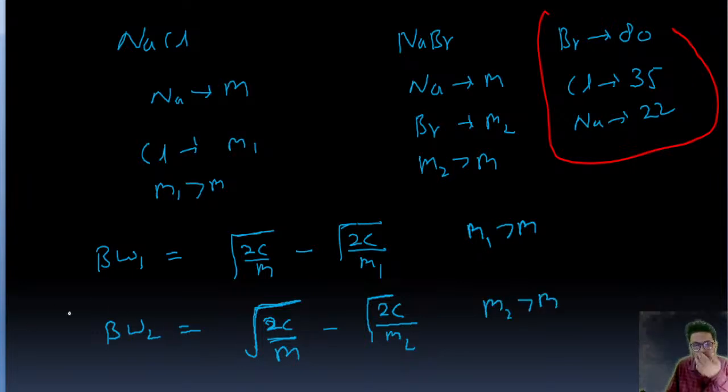So now we'll find the bandwidth. Bandwidth means this one. So now we'll find the difference: bandwidth of w1 minus bandwidth of w2.